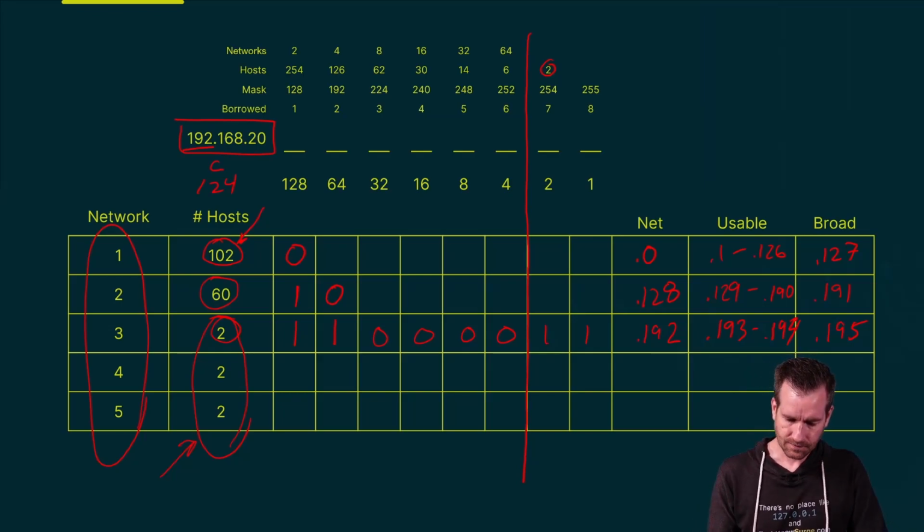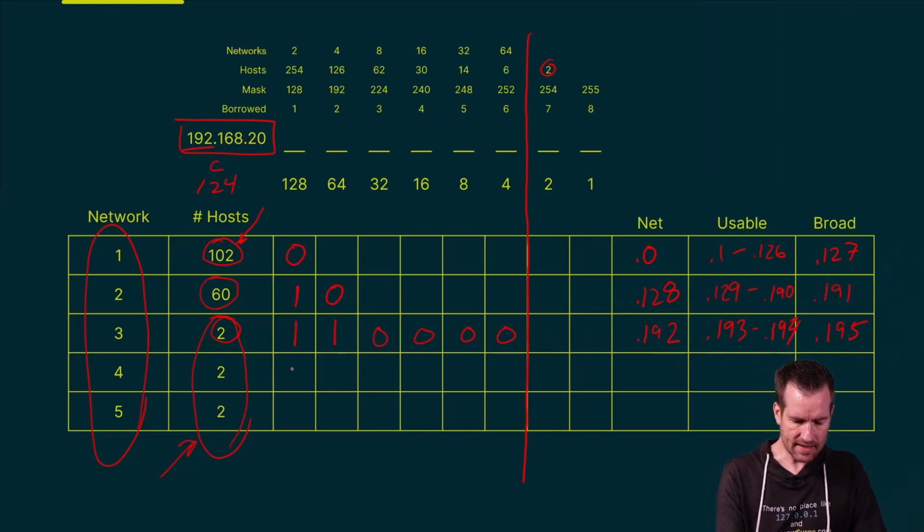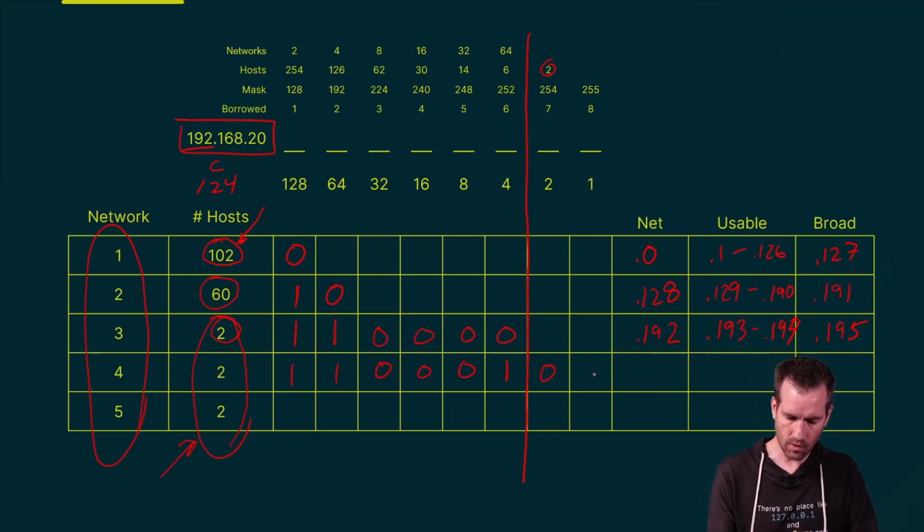All right. There is that next network. That's my third network. Okay, next what I need to do is add 1 to this binary number to come up with that right there. So this next network is .196.